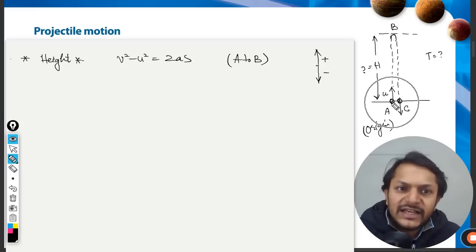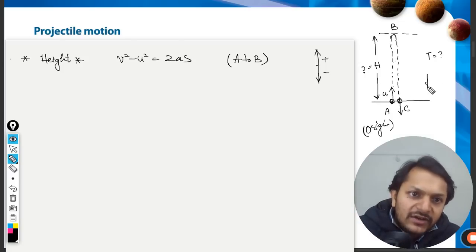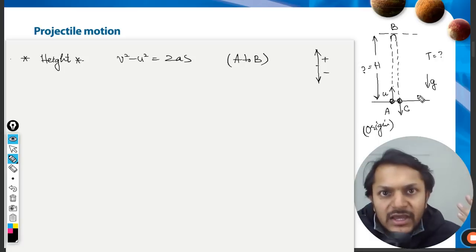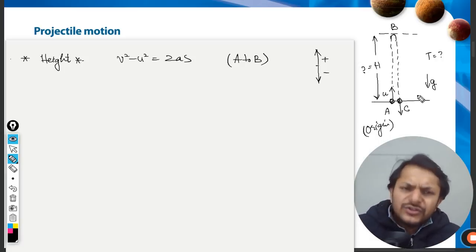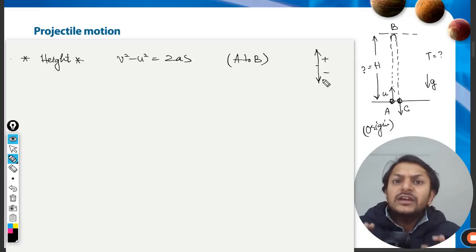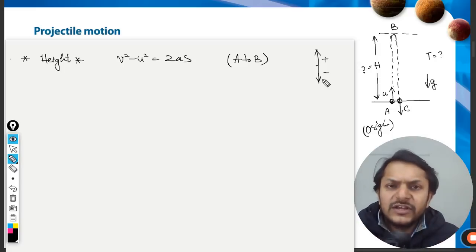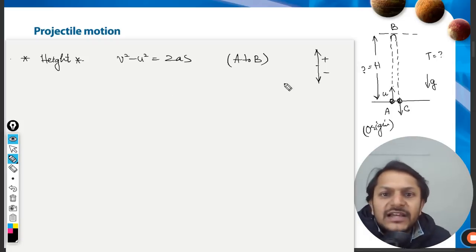So the body wants to go upward, but the gravity is downwards, so it is trying to stop the body going upward. It can be taken as a retarding force for the motion of A and B. So it becomes obvious that the downward force has to be taken as negative. But if you take it the other way also, even then there will be no difference in the equation. I will do it and I will show you that. But first of all, let us go for this and let us apply our concept here.